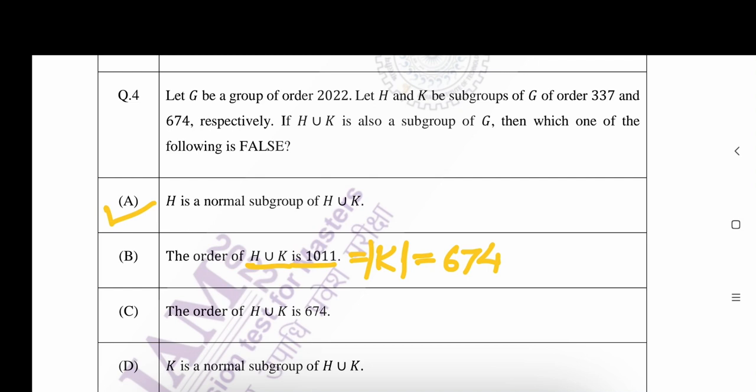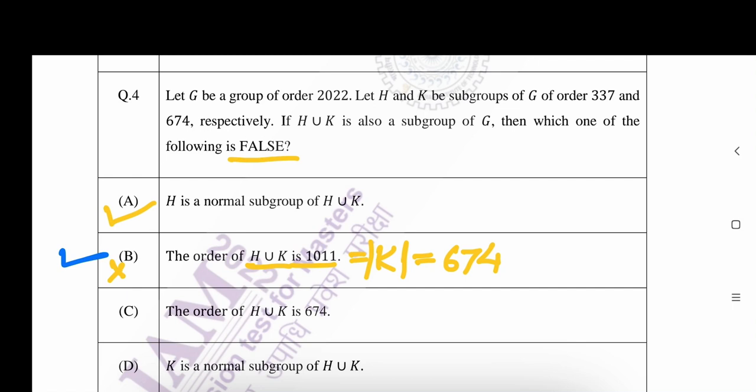So this option is wrong. Here we have to choose the false option, so we have to mark option B as our required option, not the correct option. It means in the examination hall we have to circle option B.